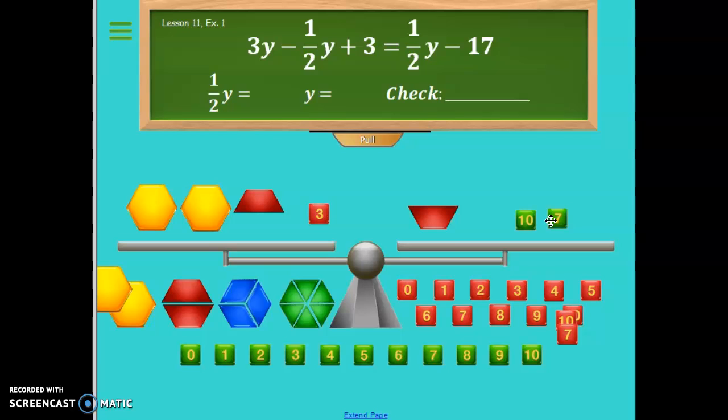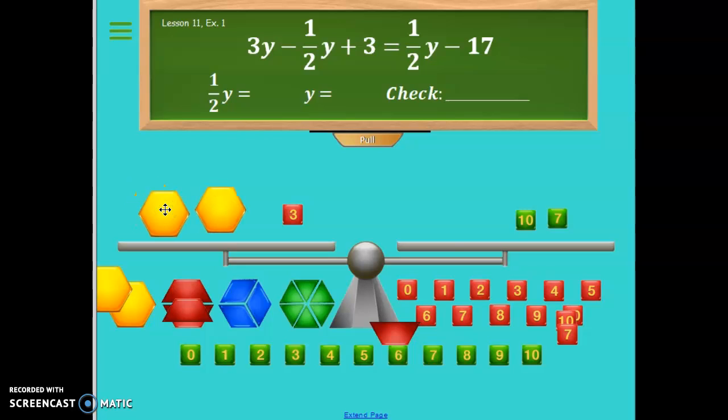Okay, and now it's time to simplify. So we're going to use the subtraction property of equality to do that. Easily, just looking at the balance, I can do this. Okay, I can just subtract that. And if I want to get rid of that 3, because remember we need to isolate the variables and the numbers by themselves, a good way for me to do that would be to make it into a 0.